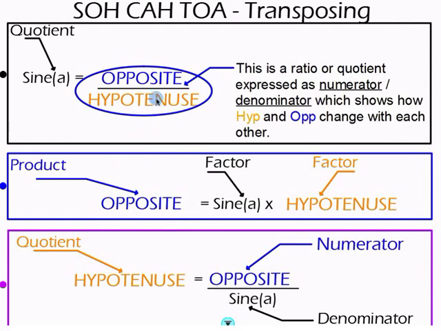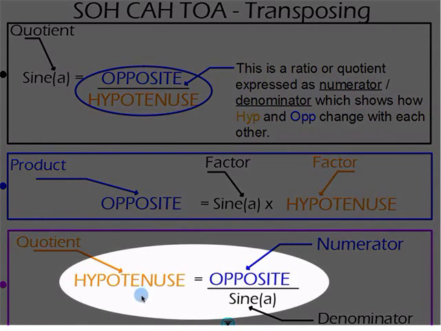But if we happen to know the opposite side length instead, and we want to find the hypotenuse, then the hypotenuse is just the opposite length, which we know, divided by the sine of the angle, which we also know. So there's always a way to find the unknown length if we know one of them and the angle in question.